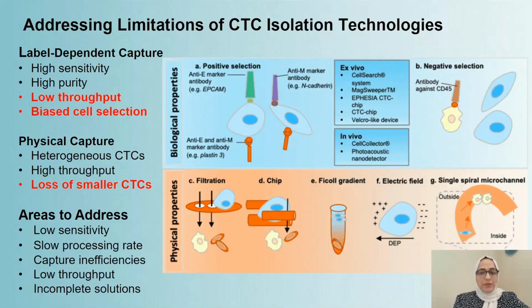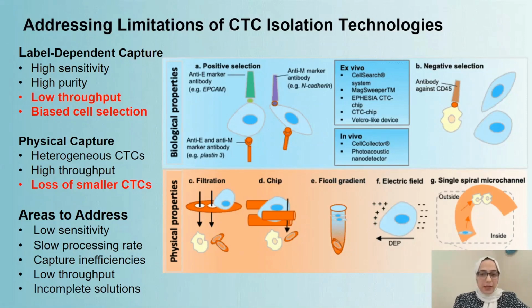For example, the first FDA-cleared CTC technology, CellSearch, only uses anti-EpCAM markers expression that has poor applicability to many blood-based cancers, including melanoma, myeloid, and etc.